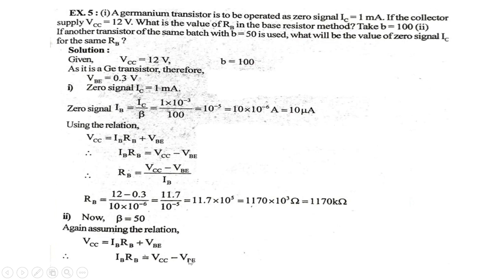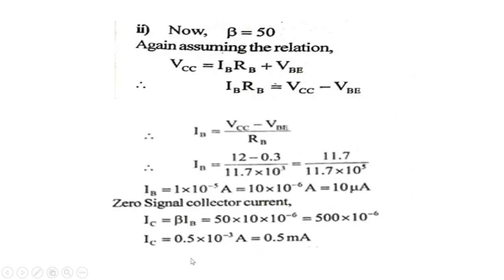Now beta equal to 50, again using the relation VCC equal to IBRB plus VBE, therefore IB equal to VCC minus VBE upon RB, that is 12 minus 0.3 upon 11.7 into 10 raised to 5, equal to 11.7 upon 11.7 into 10 raised to 5.